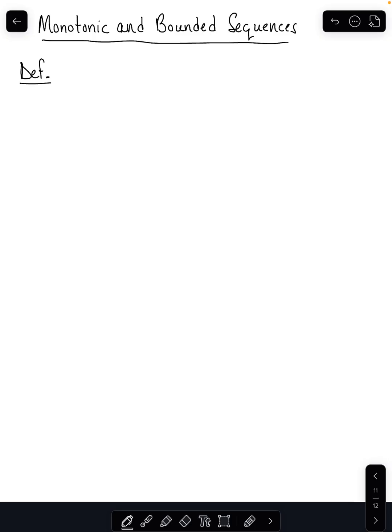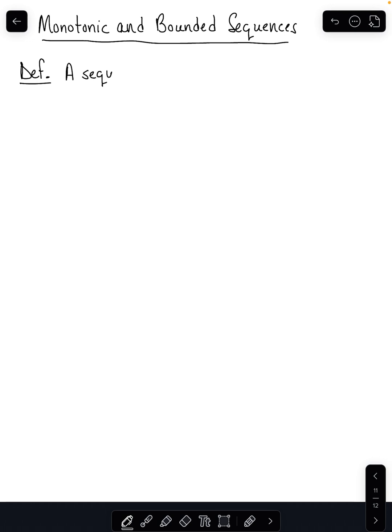Monotonic comes from the root word of monotony. It means that the terms of the sequence are progressing in a pattern that doesn't change. Not the values of them per se, but in this case, we're going to be talking about whether they are increasing or decreasing, or rather, non-increasing or non-decreasing.